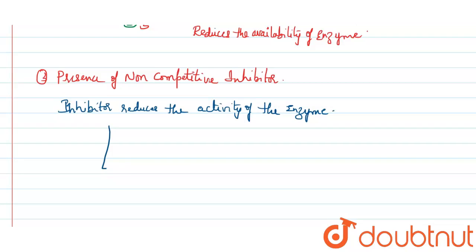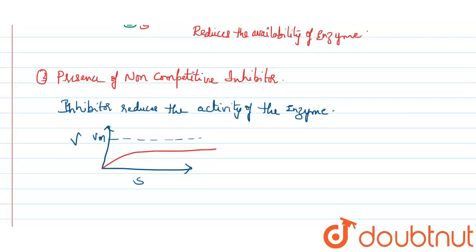Therefore, Vmax is not attained in such a condition. This is substrate on the x-axis and Vmax on the y-axis. So Vmax is not attained in the presence of a non-competitive inhibitor.